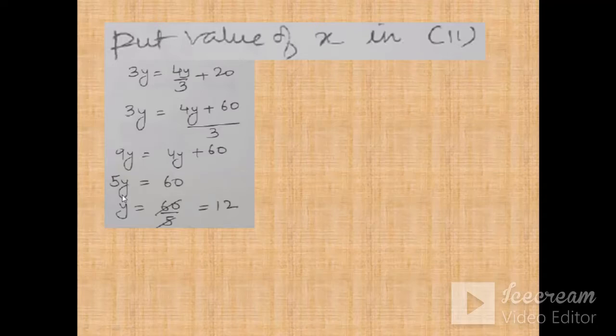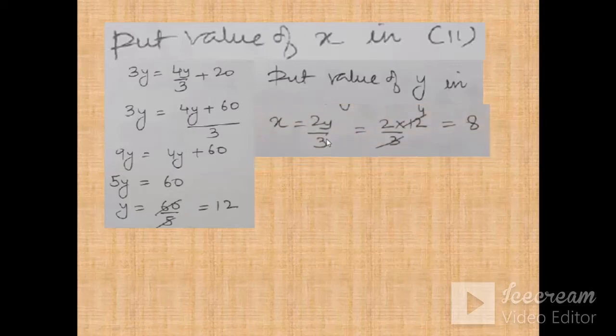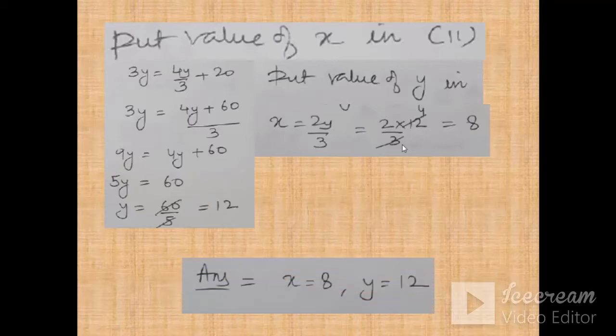So from here you will get 5y equal to 60 and y is equal to 12. So this is our first number. Then we will put this value of y in x equal to 2y/3. So from here you will get x equal to 8. So finally our answer will be x equal to 8 and y equal to 12.